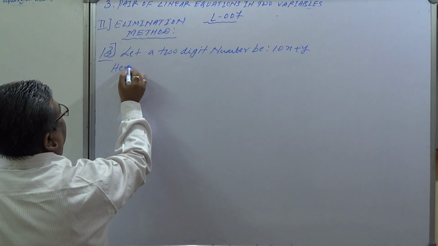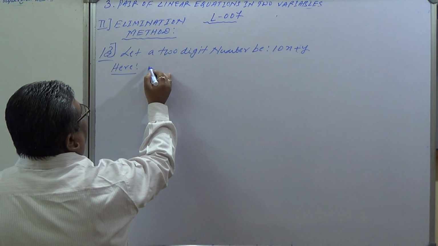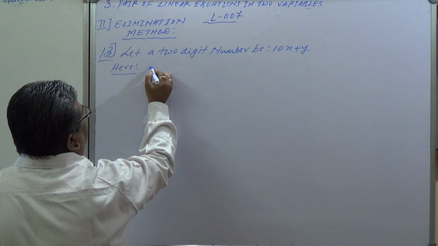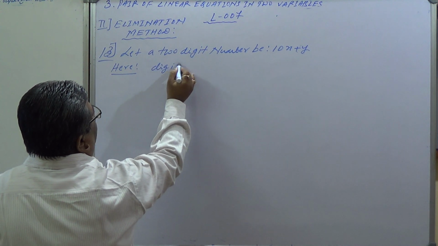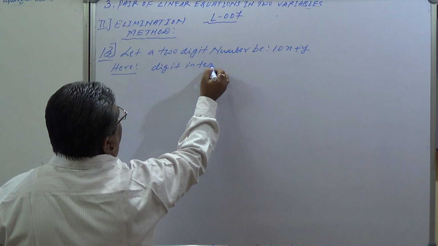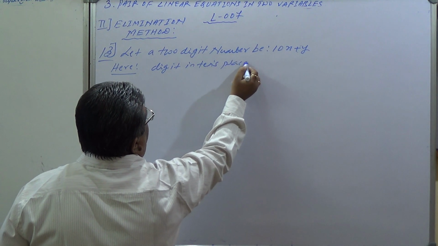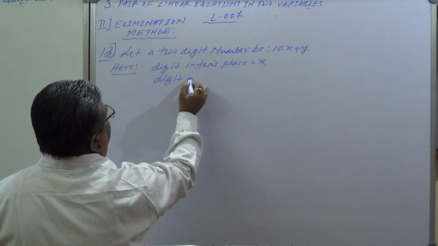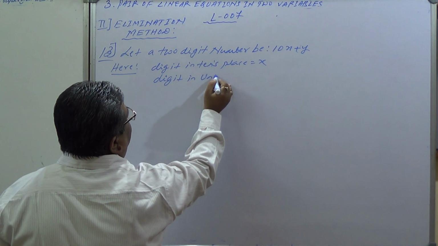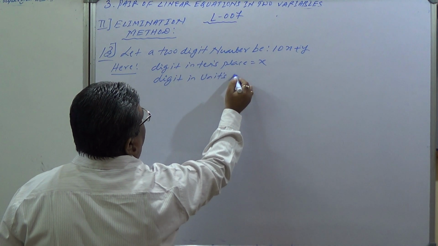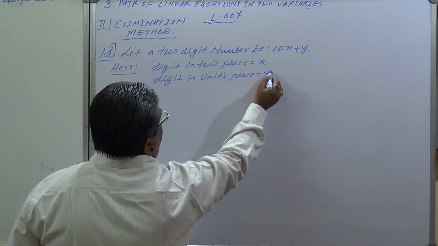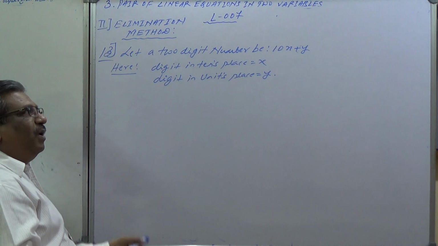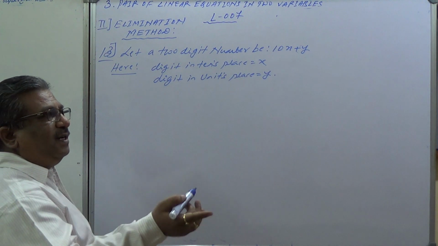Here the digit in tens place is equal to x, digit in units place equals y. I should obtain one more number by reversing the digits.